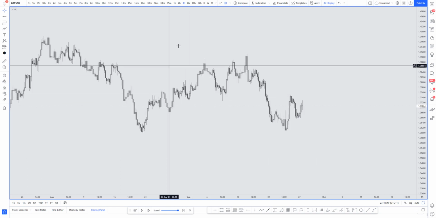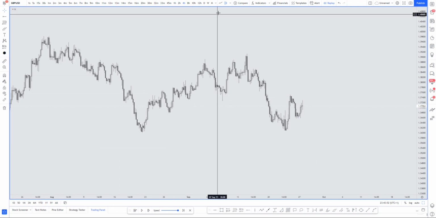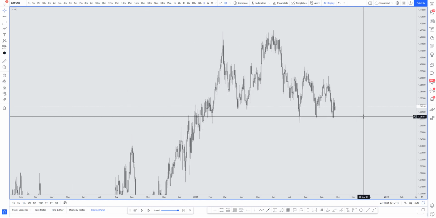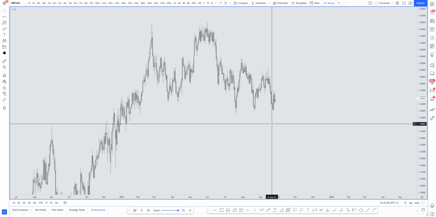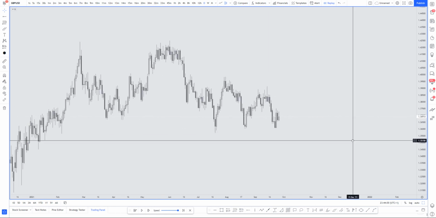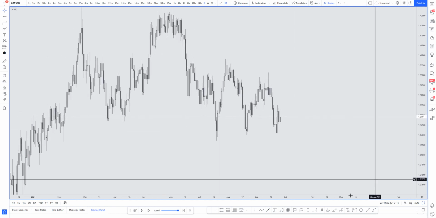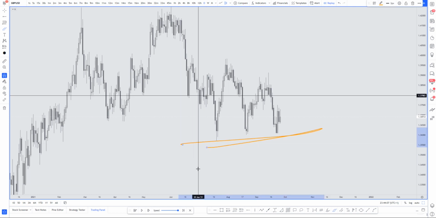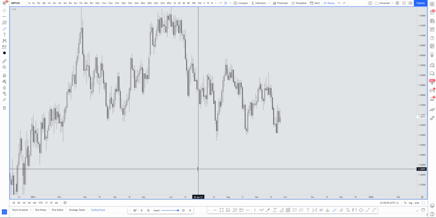So here we have GBPUSD, and if we just look at the daily quickly, we are clearly bearish. We're making new lows. Now, something I want you to make note of here right off the bat is we have relatively equal lows. We are bearish on the daily.